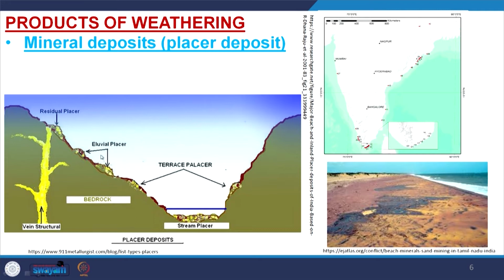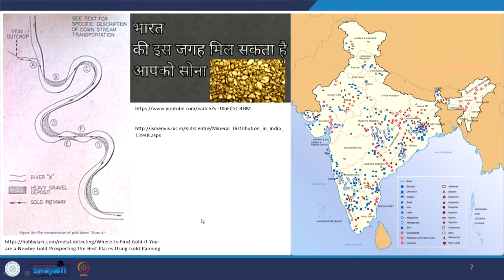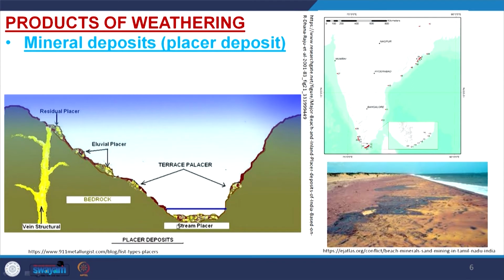Due to mechanical weathering, concentration happens here, and finally it goes down slope and gets deposited as stream placer at the stream bed. So, in terraces we get this type of placers. So, mechanical concentration due to the wearing away of lighter minerals, while the heavies remain there, is called placer deposit, and mostly the heavies, the metals, are concentrated in placer deposits.